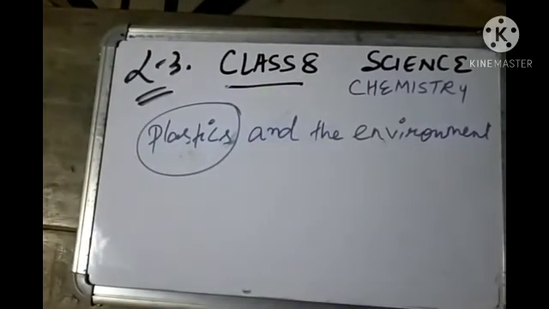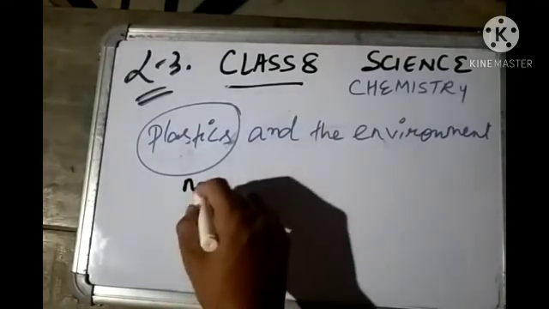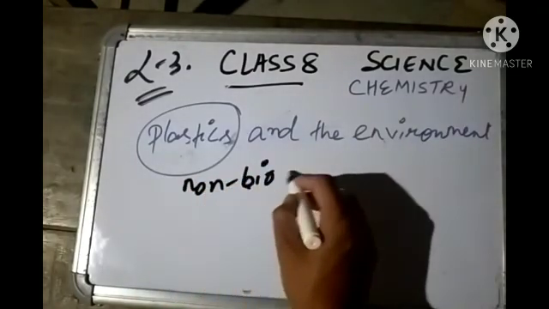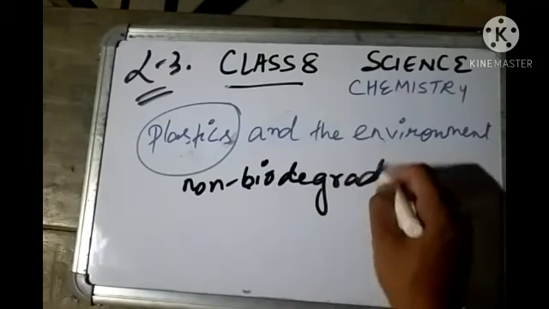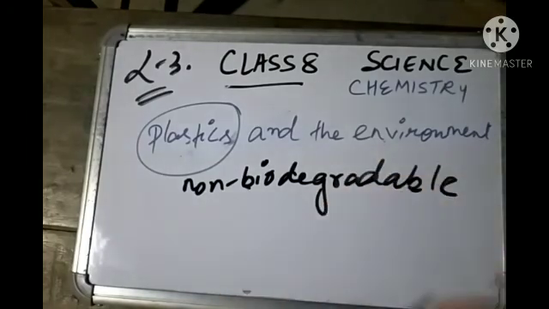Plastic is non-biodegradable. Biodegradable means decomposed by natural processes. Non-biodegradable means which do not decompose or which take many years to decompose.